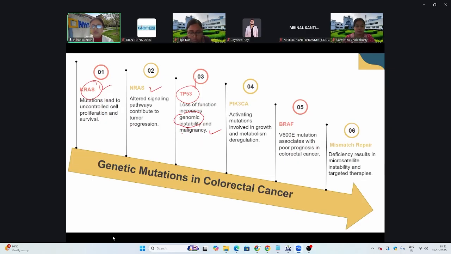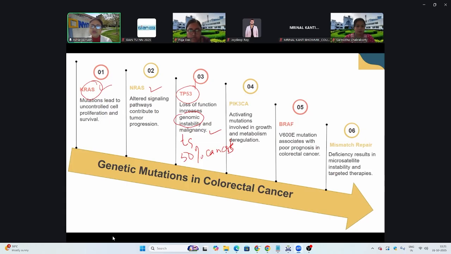P53 is a tumor suppressor, so is RB. Just a reminder that 40 to 50% of all cancers have a mutation in P53. So remember, mutations accumulate, and that's why cancer takes place.